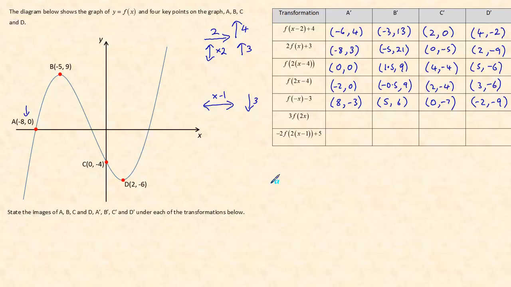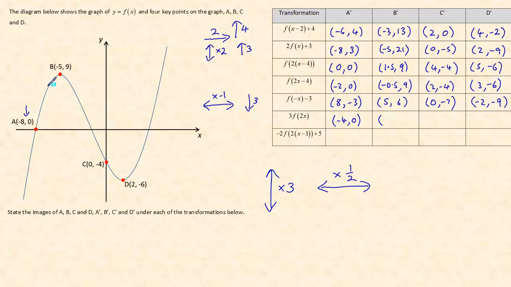3f(2x), so the 3 being outside is a vertical dilation, scale factor 3. The 2 inside is horizontal, scale factor half. So x coordinate is going to become -4, y coordinates 3 times 0.